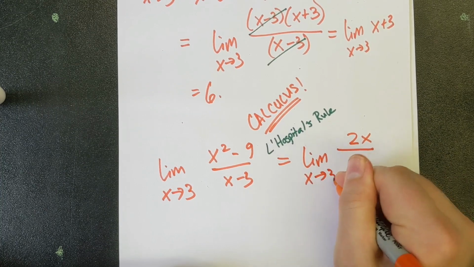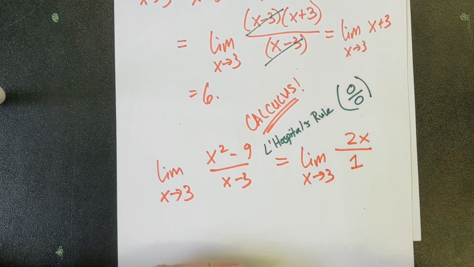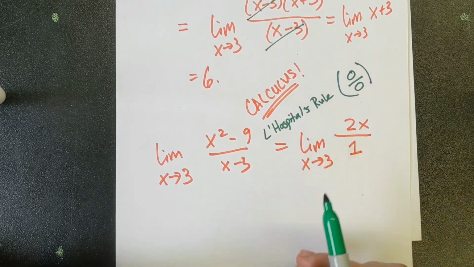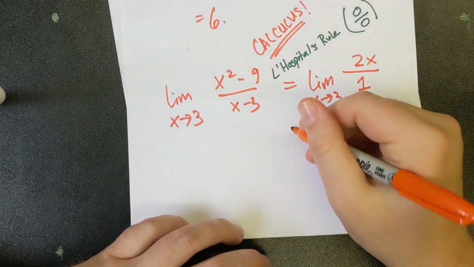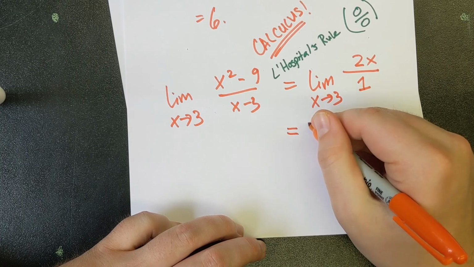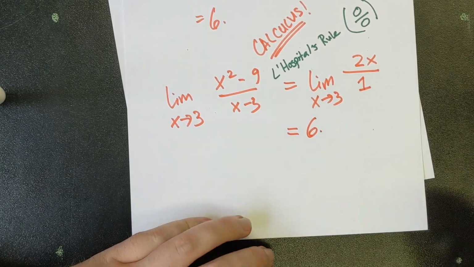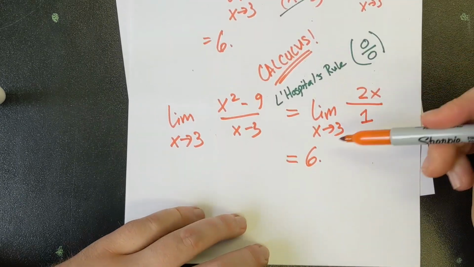We can only use L'Hopital's rule because it's in this indeterminate form. Otherwise, you can't use it. But because it is, we can activate L'Hopital's rule, and then you take the derivative of the top, the derivative of the bottom, and notice this just comes out to be 2 times x, 2 times 3, which is 6. So we get the same answer either way, by doing this algebra factoring trick or by using L'Hopital's rule.